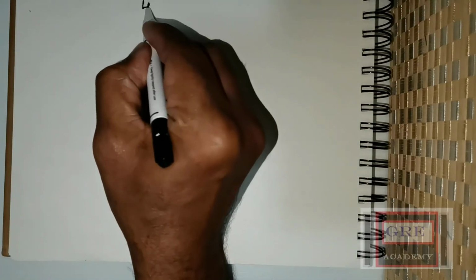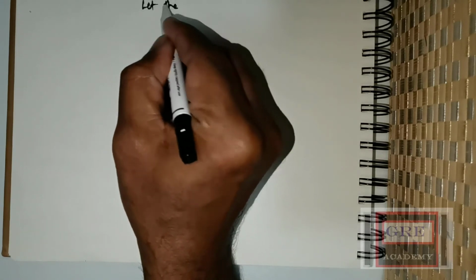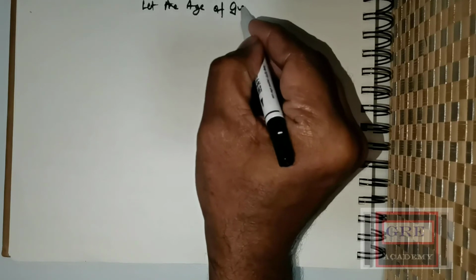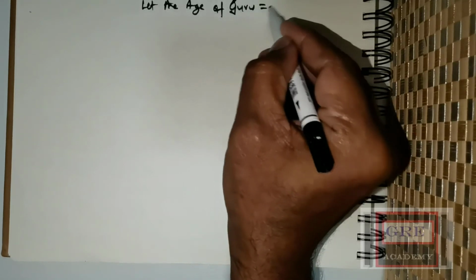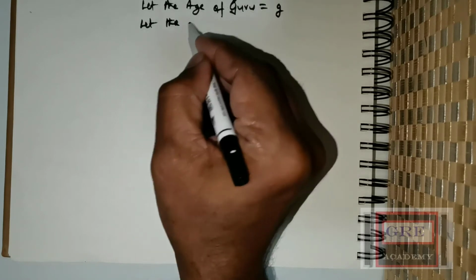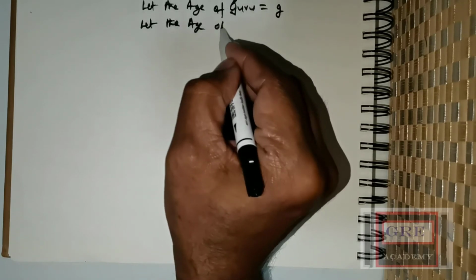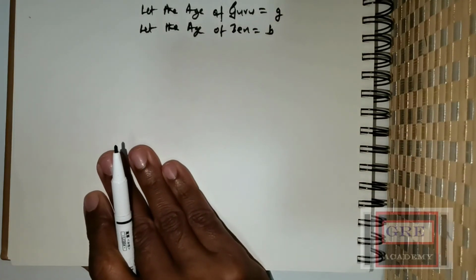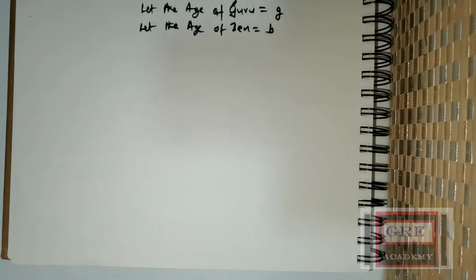So let us make the following assumption. Let the age of Guru be equal to G. Let the age of Ben be equal to B. So we have made these two assumptions.